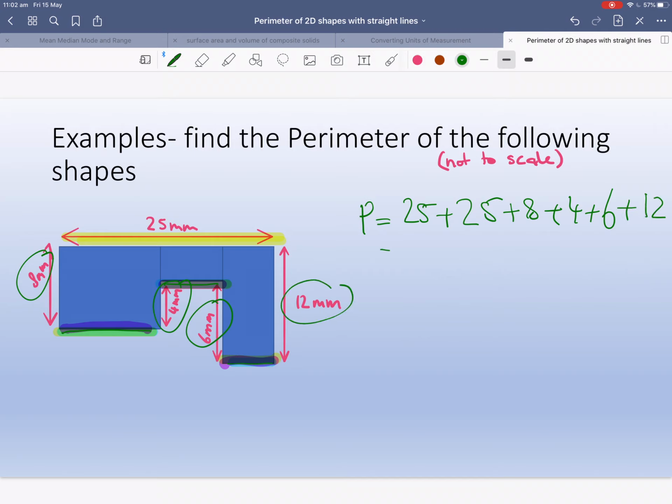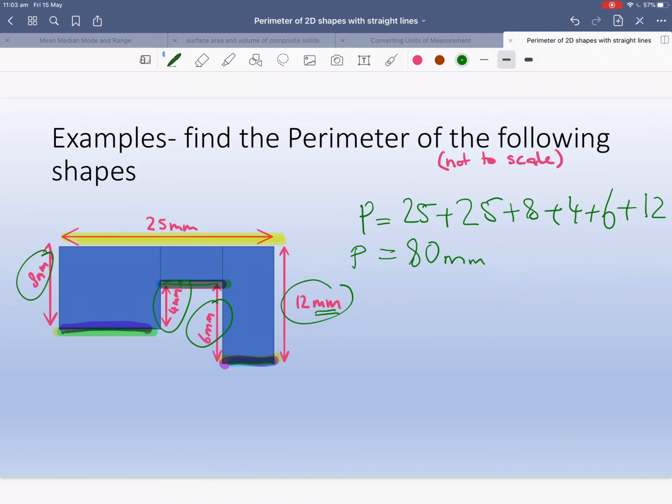All right, so now I'm going to add them all together. There's a few too many numbers, so I'm just going to pop it in my calculator. So 25 plus 25 plus 8 plus 4 plus 6 plus 12. And I get 80. And it's not just 80. What is it? It's 80 millimeters.